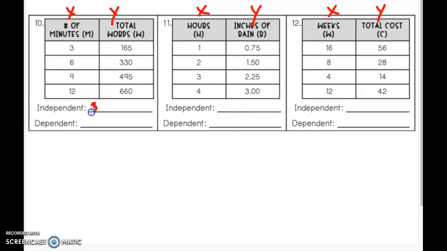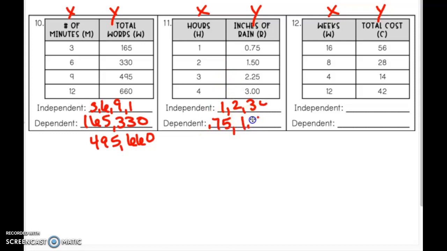So this is 3, 6, 9, and 12, 165, 330, 495, and 660. Those are the quantities for each of them. So here we go, 1 through 4, and 0.75, 1.5, 2.25, and 3.